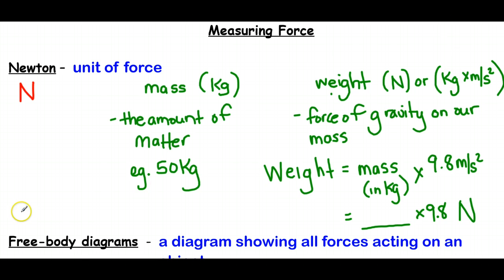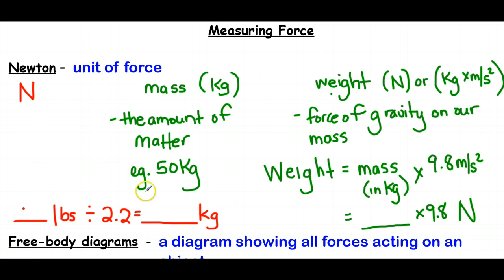So if you want an estimate, if you know your weight in pounds, take your weight in pounds and divide that amount by 2.2. And that's going to tell you what your weight is in kilograms.